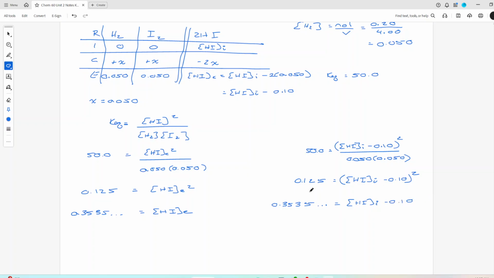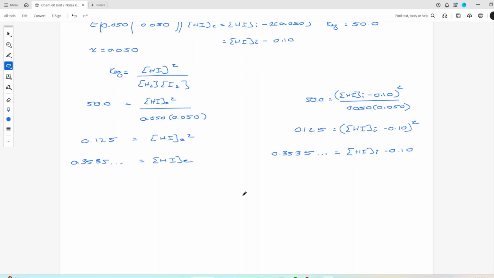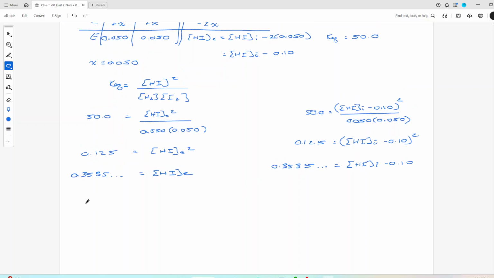So then for this one on the left, what you would then have to set up is that equation you have above, which is that the HI concentration at equilibrium is equal to the initial concentration of HI minus 0.10, so that the concentration of HI initially is going to equal the concentration of HI at equilibrium plus the 0.10. So we would put in that answer above.